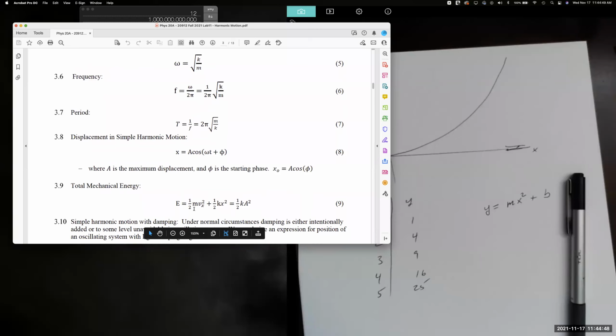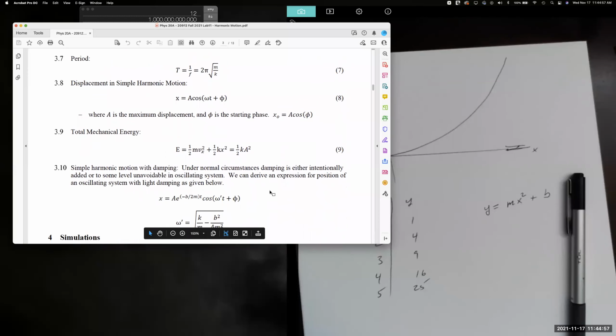So this contributes 0, and this is 1/2 kx squared, and this is the case when we have no damping. If we have simple harmonic motion with damping, it's a much more complicated looking equation. Both the frequency is affected and the amplitude is affected with time.